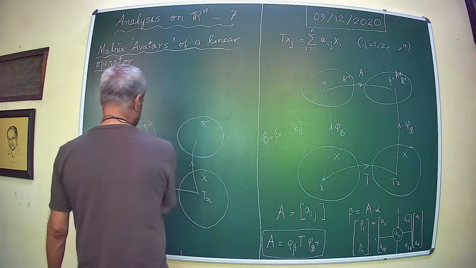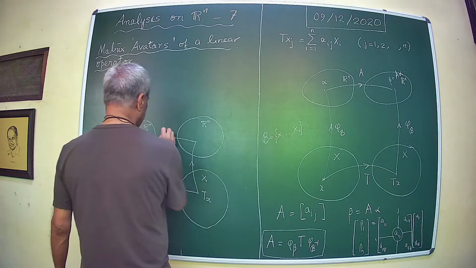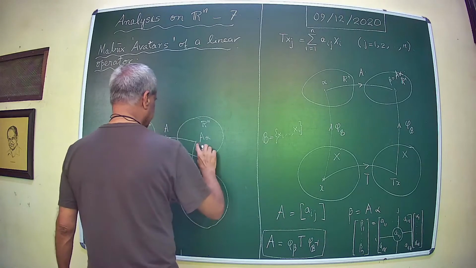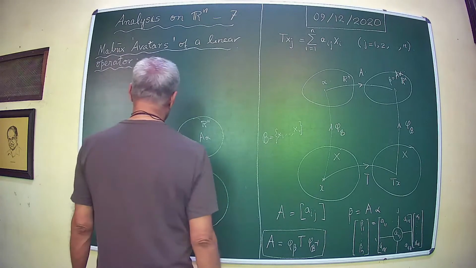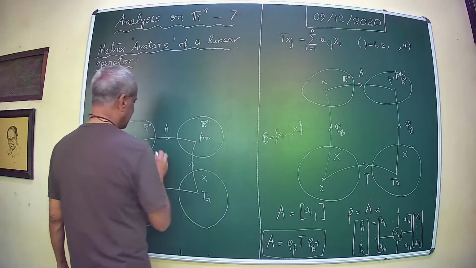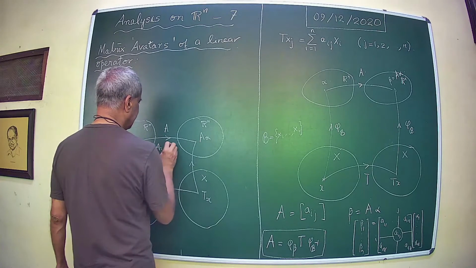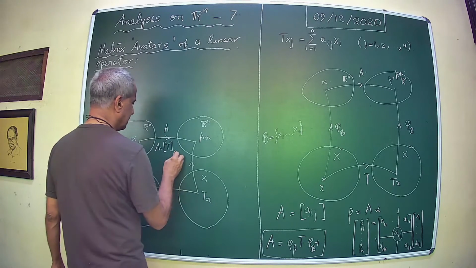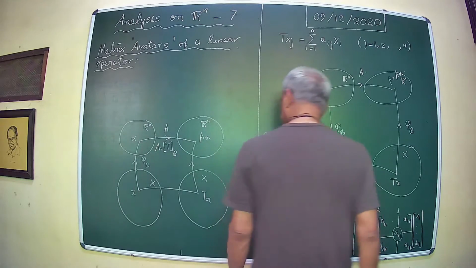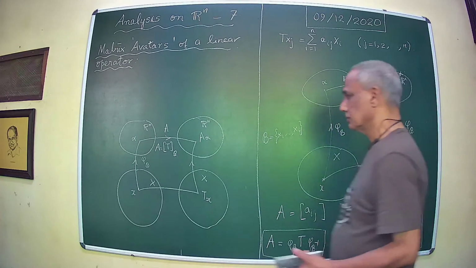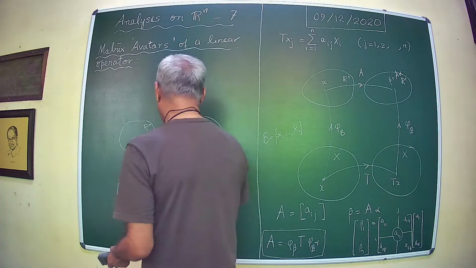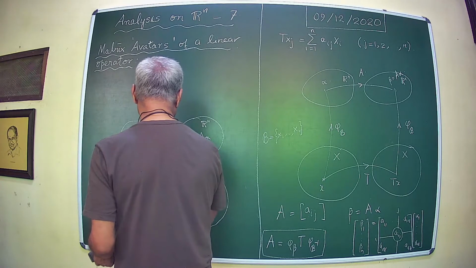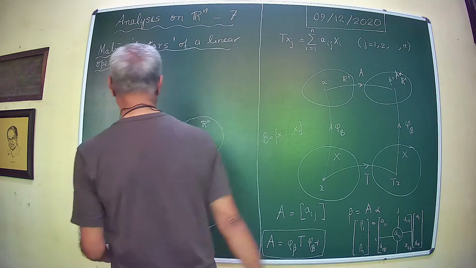This is now identified as A alpha. And A is equal to T. Let me just put it this way. So ordered basis. Or I can write A as T of phi b.